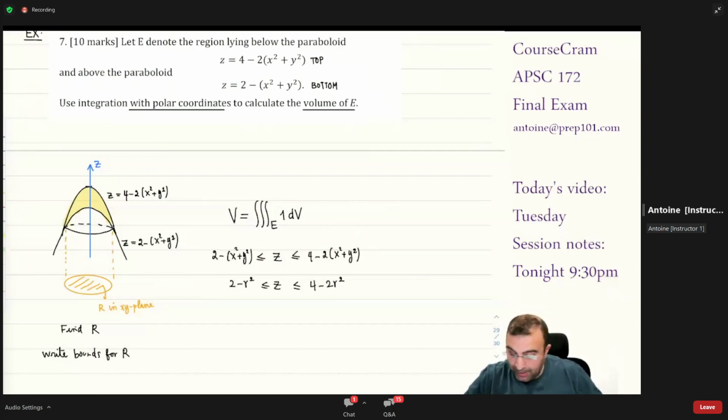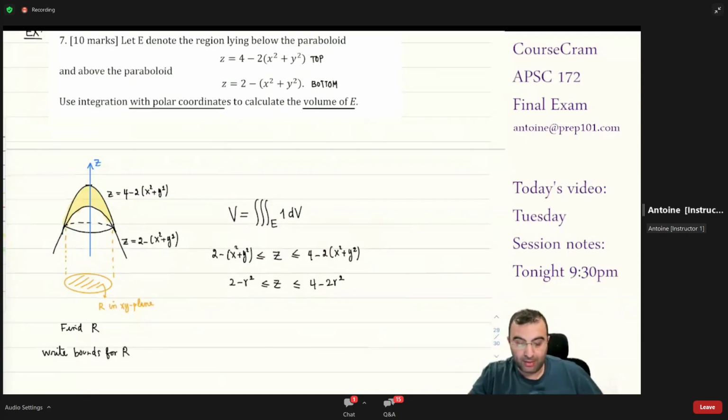Is this part okay? Because they tell us which one's the top, which one's the bottom.